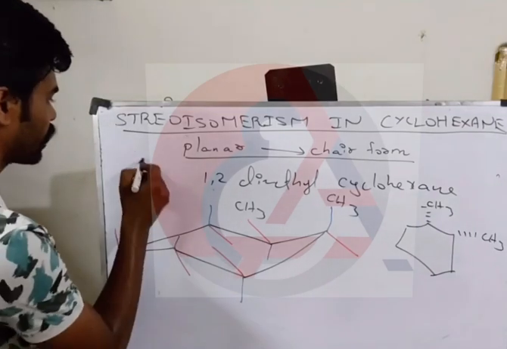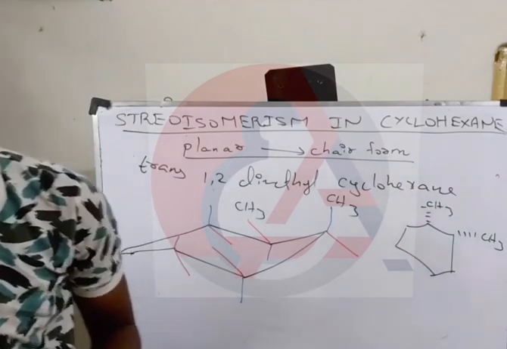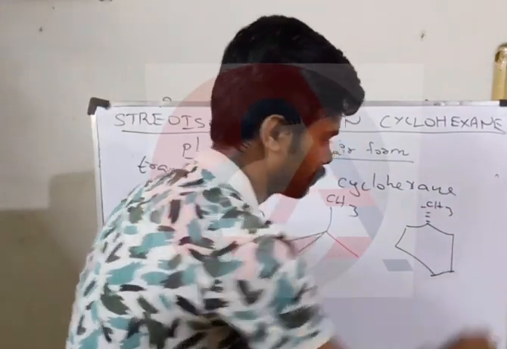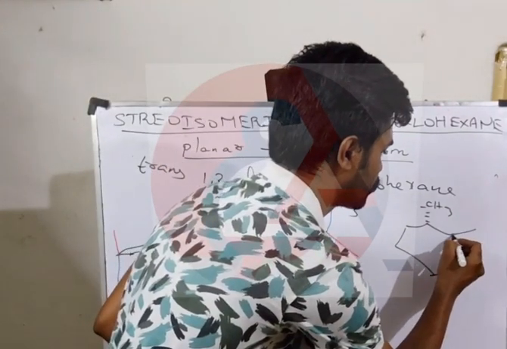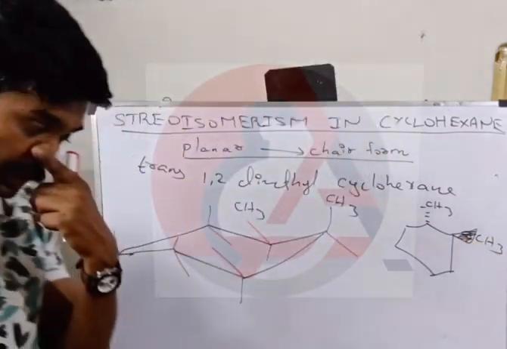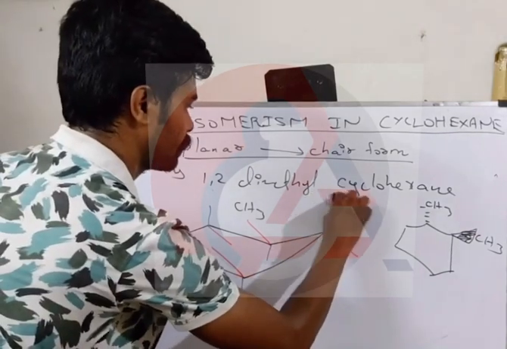So I am going to take trans 1, 2 dimethyl cyclohexane. So this will change. It is going to look like this, a wedge with a CH3, right? So now I'll remove both these CH3s from here.